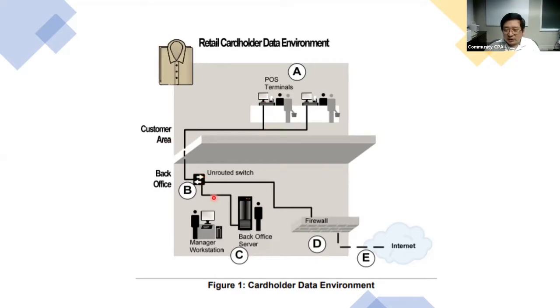Your switch connects to your back office server, or the data goes out to the payment gateway to process. And your manager sitting here can watch all the transactions, can see the report, can see what the return rate is, whatever the report is, and these guys can access that data too.